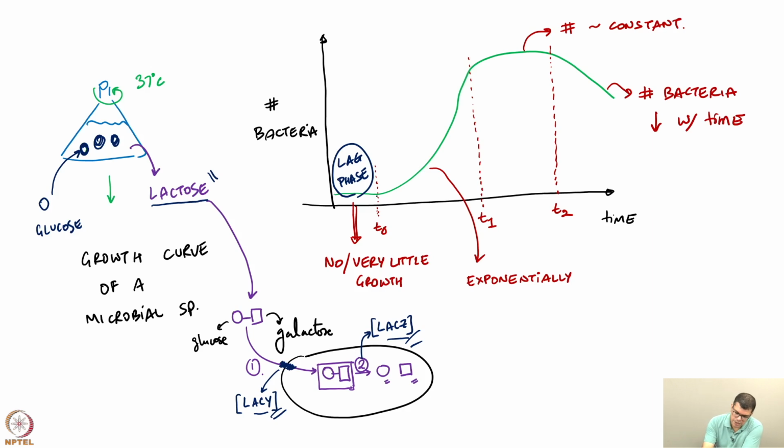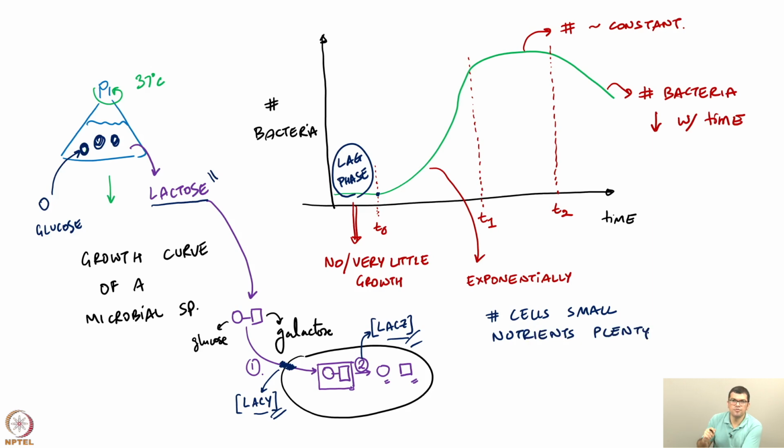And in this condition where initial density is low, so at this point when cells have made LAC-Y and LAC-Z, the number of cells in the culture are small, nutrients are plenty, and as a result they start dividing exponentially.